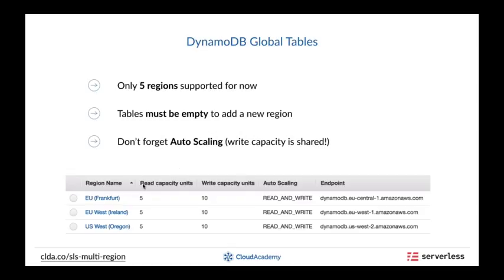We can split the 15 across our 3 regions, but we cannot split the 10. We still need 10 everywhere. And auto scaling is important because, of course, you can be elastic and you can react region by region differently based on the load that you have in that region. So this is pretty powerful if you do it right.